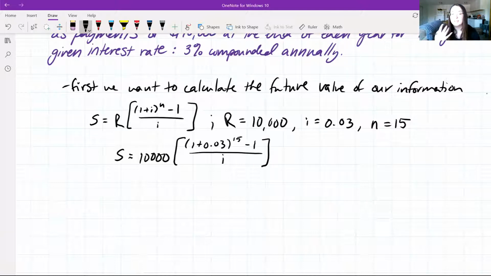So now that we have this value, as always, I encourage you to pause the video and calculate this on your own. And we should get that our future value is $185,989.14.